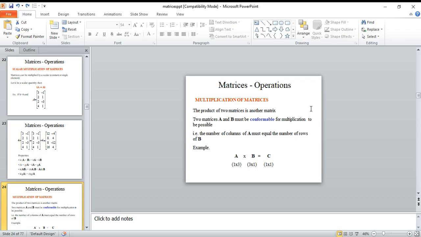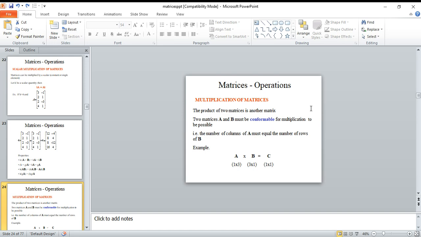That is, the number of columns in A must be equal to the number of rows of B. In that case it will be multiplicable. So if the number of columns in the first matrix is equal to the number of rows of the second matrix, then it is possible to multiply two matrices.